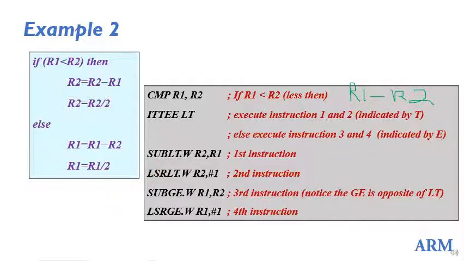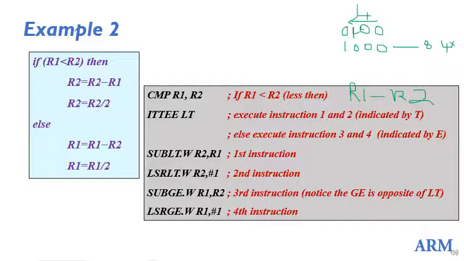Okay, the second instruction is R2 equal to R2 divided by 2. You can note that any binary number, if you shift it to the right, will be divided by 2. For example, let me take the binary equivalent of 4. 4 is 0100. I am just taking 4 bits for easy demonstration. If I shift this to the left by 1, it becomes 1000, which is equal to 8. 8 is nothing but 4 into 2, right?